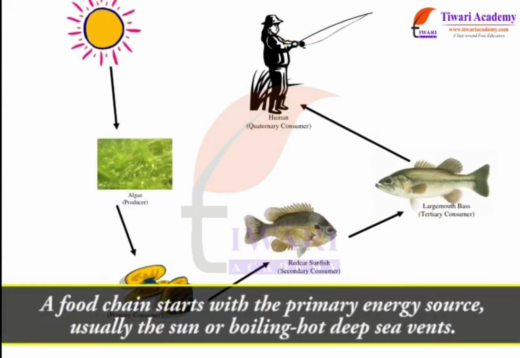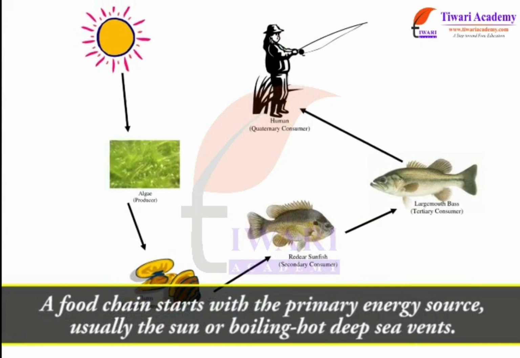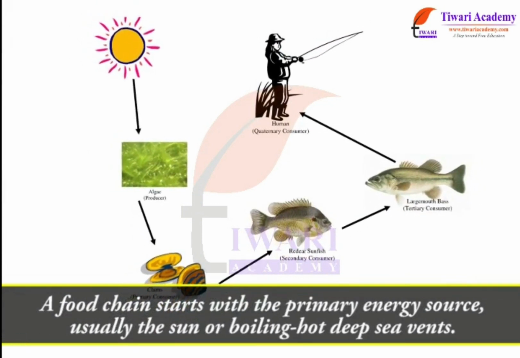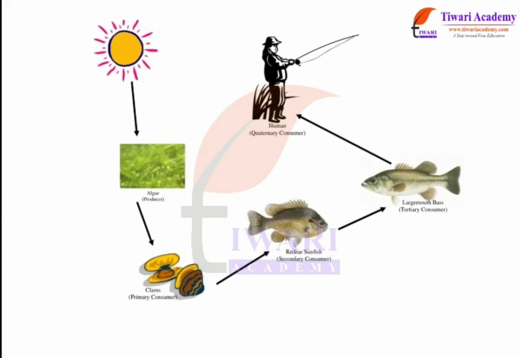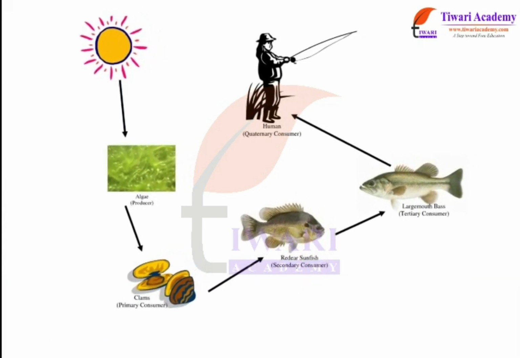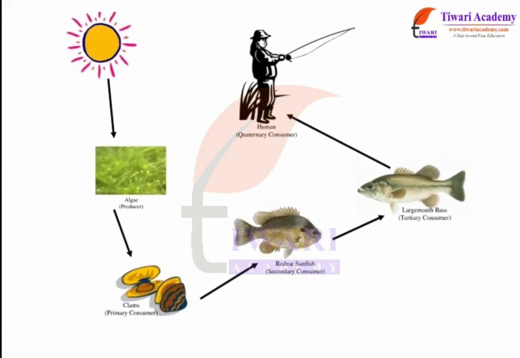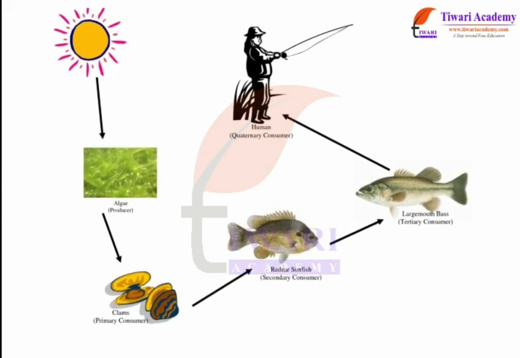A food chain starts with the primary energy source, usually the sun or boiling hot deep sea vents. The next link in the chain is an organism that makes its own food from the primary energy source.